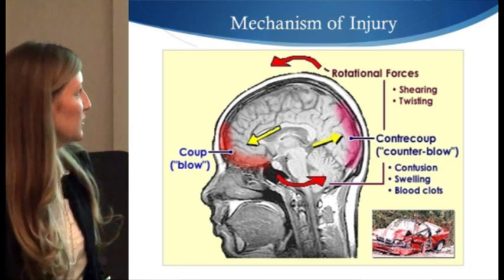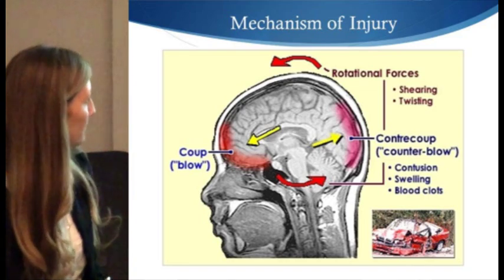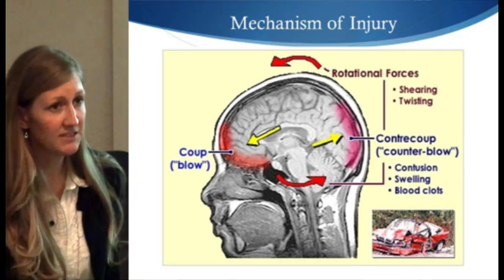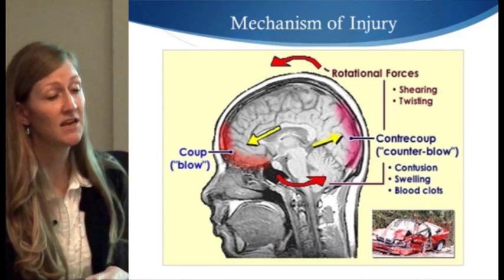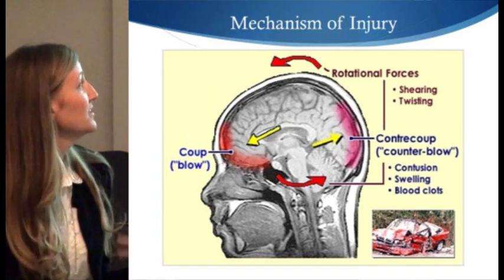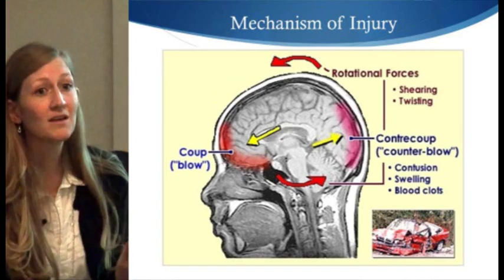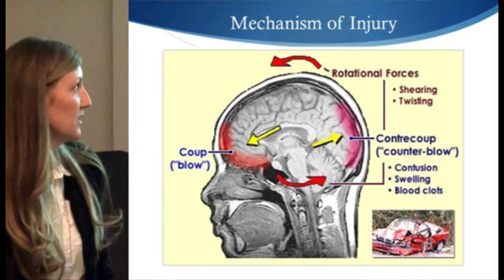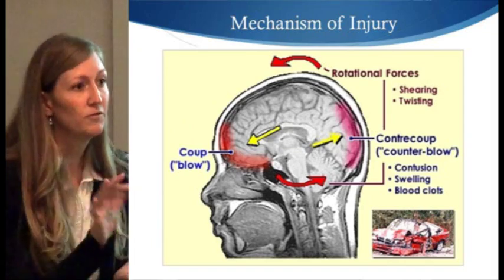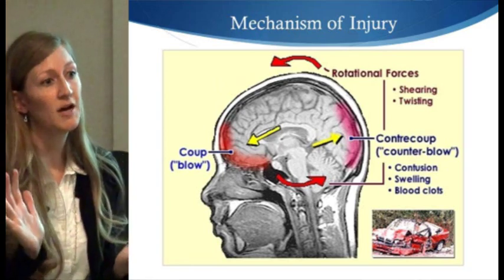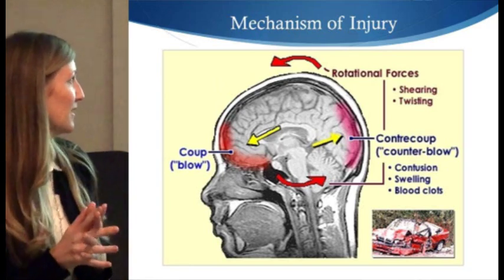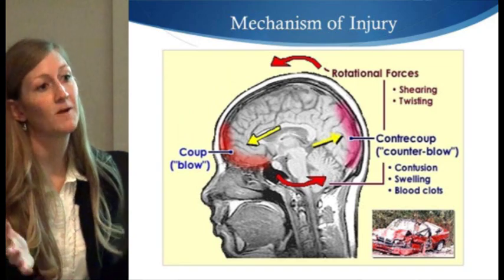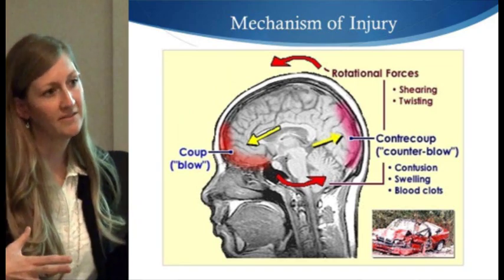And you may have heard of coup contrecoup injuries, and that's mostly acceleration and deceleration injuries, like a motor vehicle accident, or getting hit in the back of the head or on the side of the head with something. You have the brain moving forward towards the front of the skull, and then moving backwards against the back of the skull, and you have injuries usually in the front and the back, or on both sides of the brain.